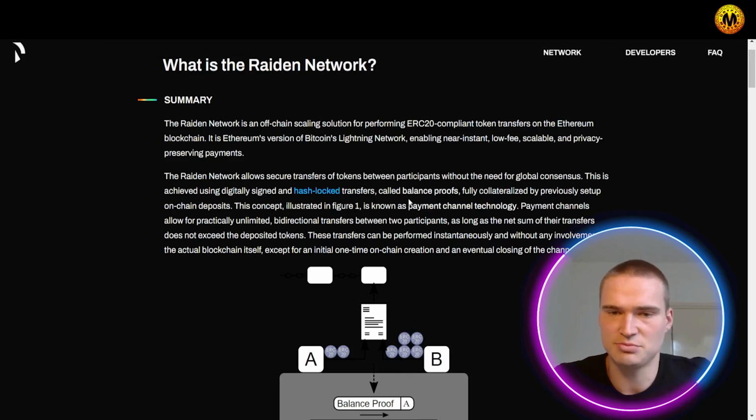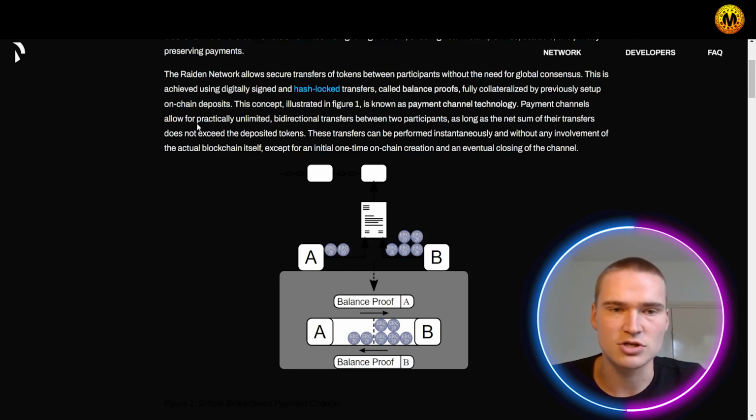This concept, which you can also see right here, so you could pause the video if you want to check that out, is known as payment channel technology. Payment channels allow for practically unlimited bidirectional transfers between two participants, as long as the net sum of their transfers does not exceed the deposited token. And these transfers can be performed instantaneously and without any involvement of the actual blockchain itself, except for an initial one-time on-chain creation and an eventual closing of the channel.